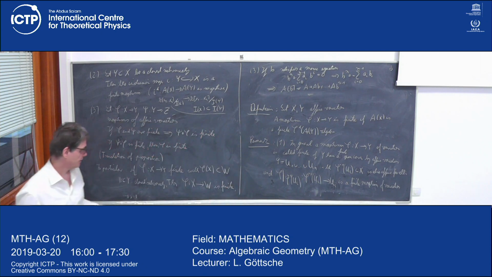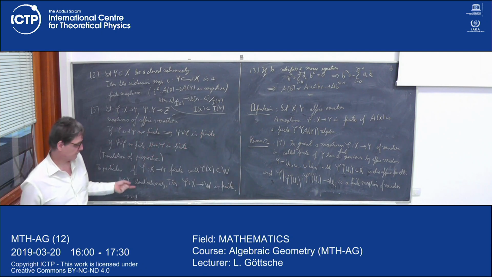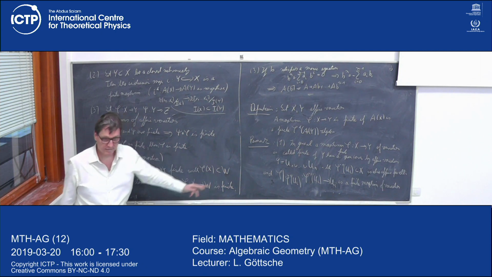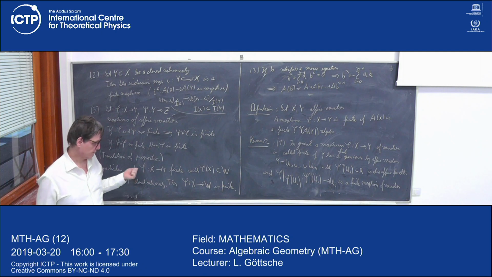Now obviously, by our definition, if you have a morphism from X to Y which actually maps into a subvariety, we are allowed to view it as a morphism to that subvariety.